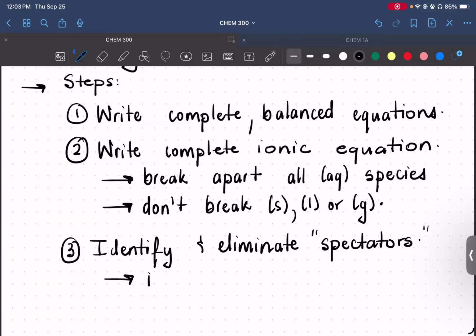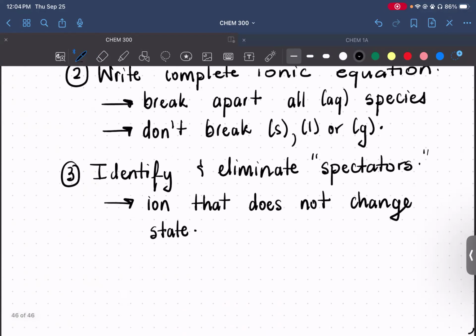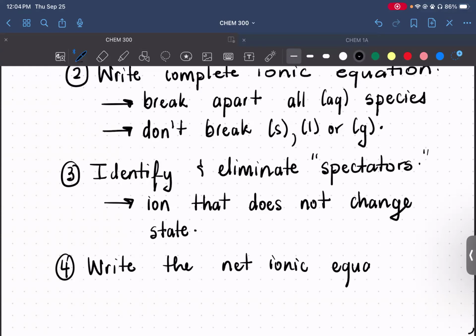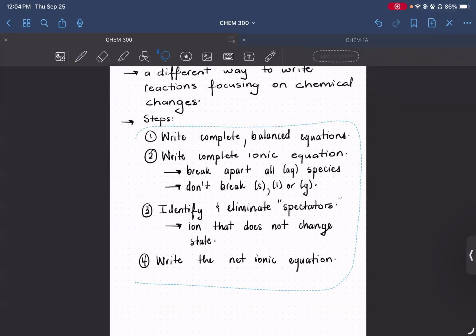A spectator is an ion that does not change state. After step 4, we will then write the net ionic equation. Don't worry, we are going to do a couple examples of this.